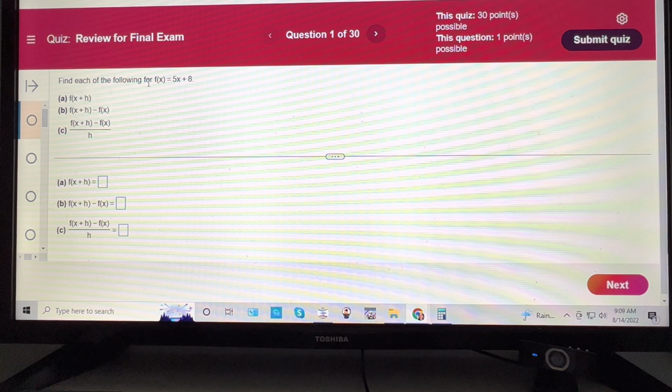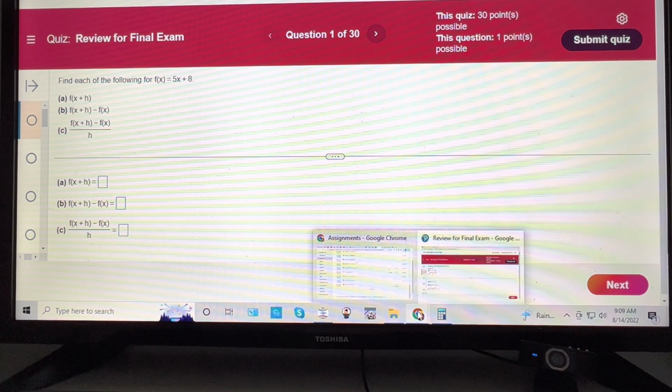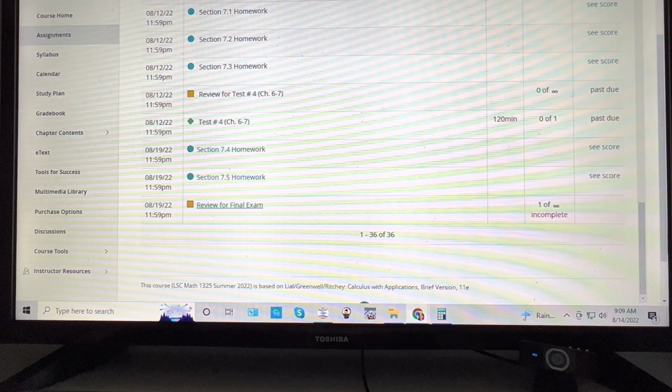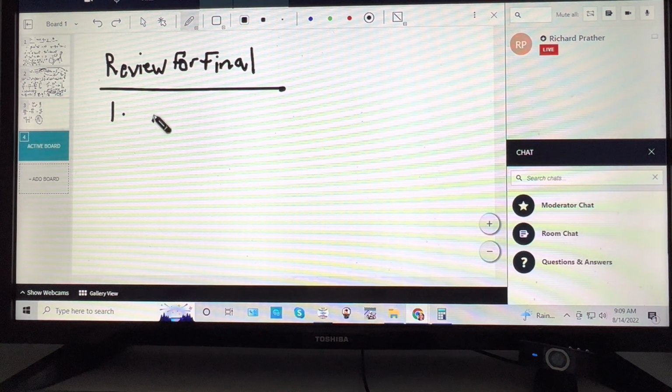So we have a linear function, 5x plus 8, and we want to go through this stuff that eventually becomes the derivative definition once you add the limit idea to it. But this part of it was taught in algebra. This is called the difference quotient, although they're having me slowly build up to it here.